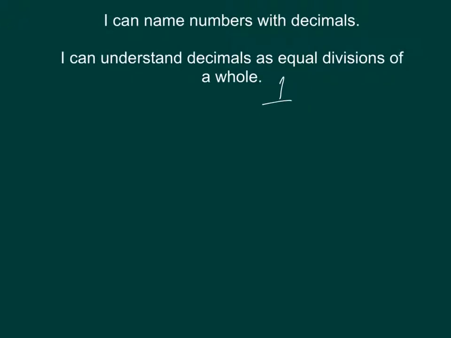So to begin with, we are going to be naming our decimals. And in order to do that, we need to know the place values of those numbers to the right side of the decimal point. Let's start with looking at this number right here. We have done a lot of talking about everything to the left side of the decimal point here.